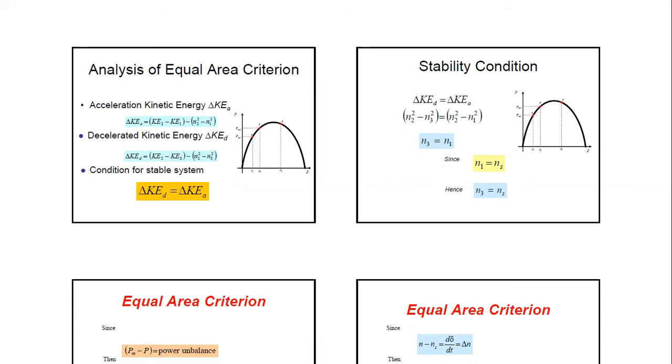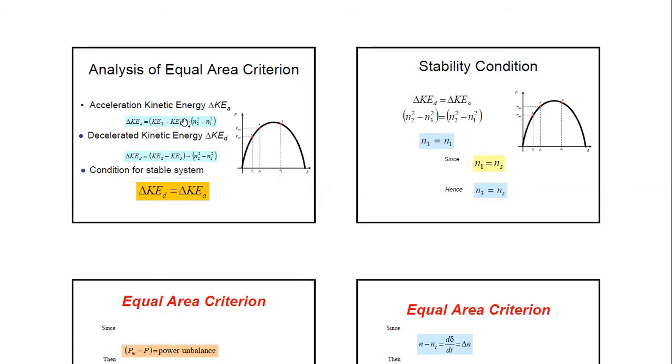The accelerated kinetic energy delta KEA is the acceleration kinetic energy, and delta KED is the deaccelerated kinetic energy. So for the condition of stability, this is the equation for the deaccelerated kinetic energy, and this is the equation for the accelerated kinetic energy.